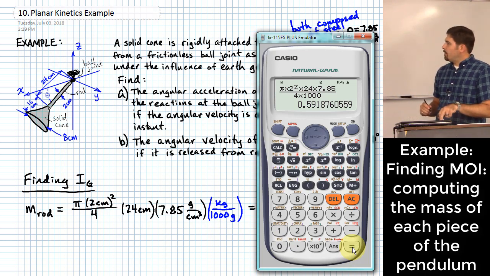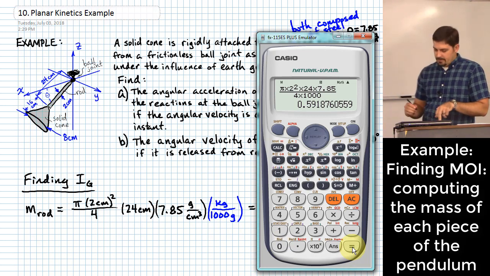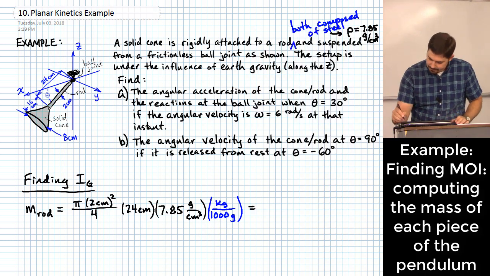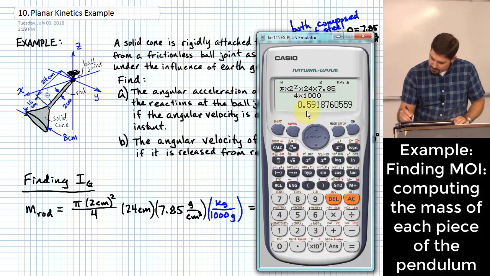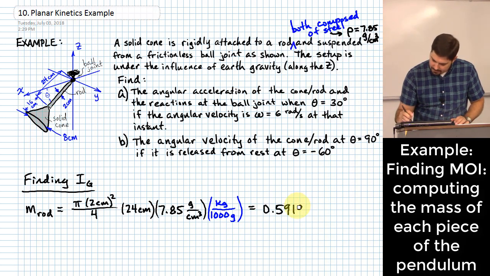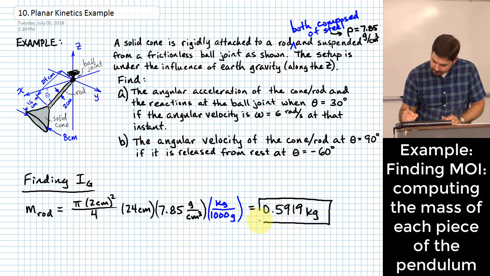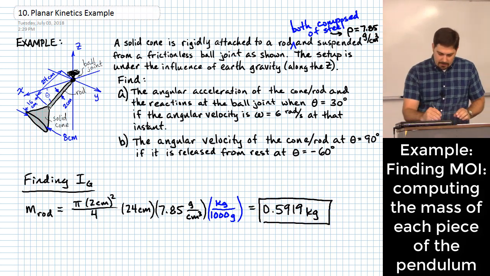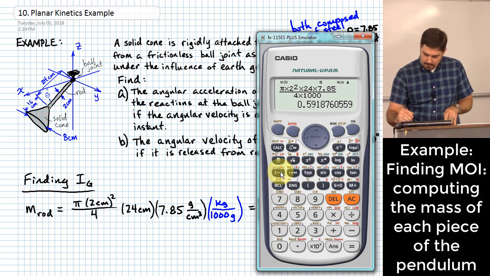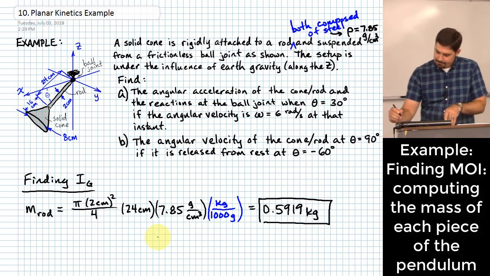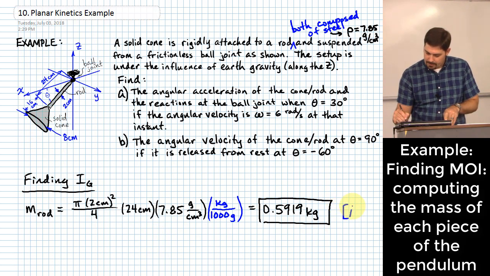And this gives me 0.5918 kilograms, say 0.5919 kilograms. Okay, and because I might want to use that later, let me store it into A. To help me remember that, I'll put that over here.